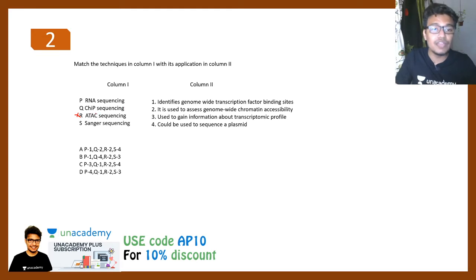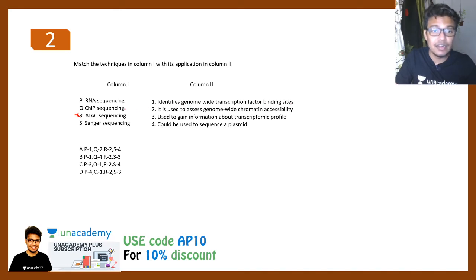For example, you know that ChIP sequencing can tell you about DNA-protein interaction, right? One option says it is used to assess genome-wide chromatin accessibility, and there is another option that identifies genome-wide transcription factor binding sites.